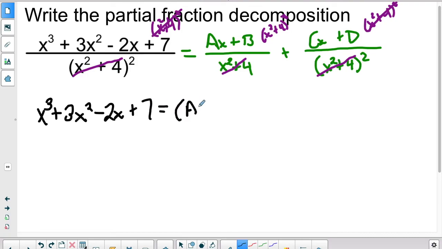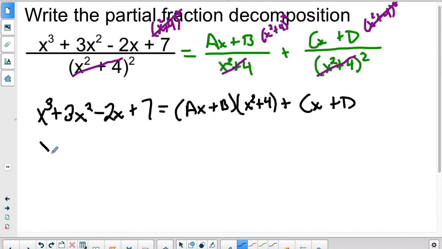Over here, we're going to have ax plus b times x squared plus 4 plus cx plus d. Now we still have to multiply our two together, this ax plus b and x squared plus 4. So ax times x squared is ax cubed.